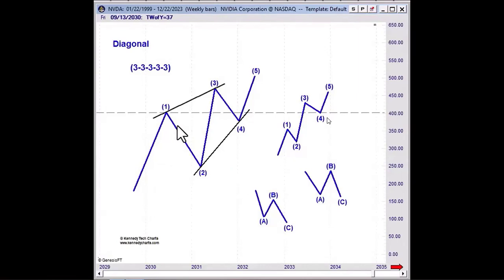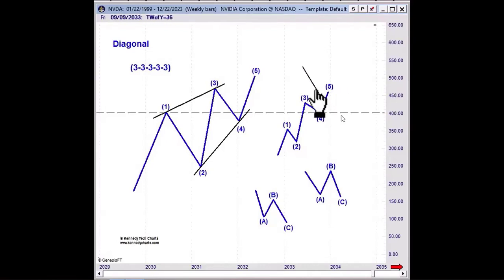Now, the placement of the diagonal is very specific, just as, for example, the placement of a contracting triangle is very specific. A diagonal, sometimes referred to as an ending diagonal, can only occur in a very limited number of wave positions.